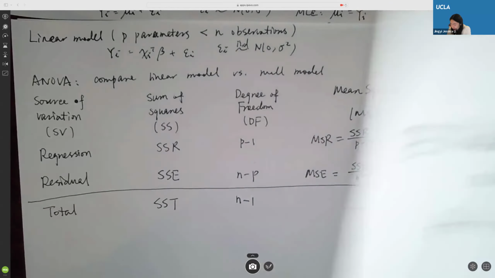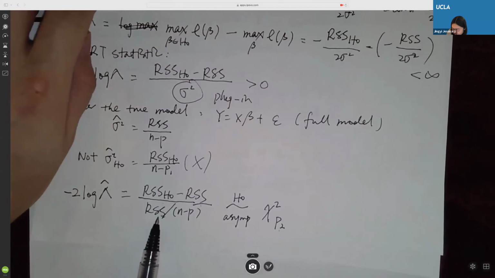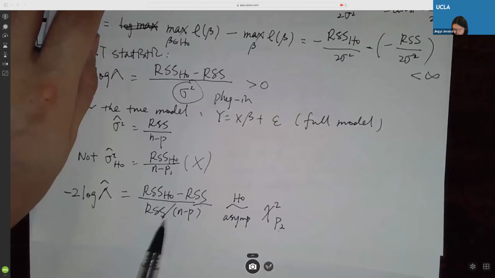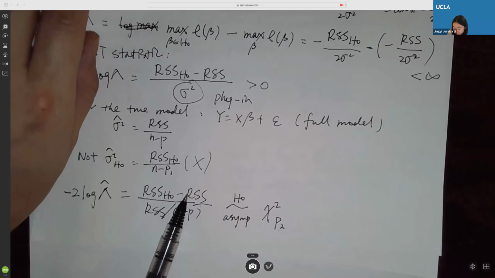The likelihood ratio test is very similar. So basically here, RSS over n minus p in our current term is SSE over n minus p, same denominator. Over here, SSE under the null model minus SSE under the full model, which is what?